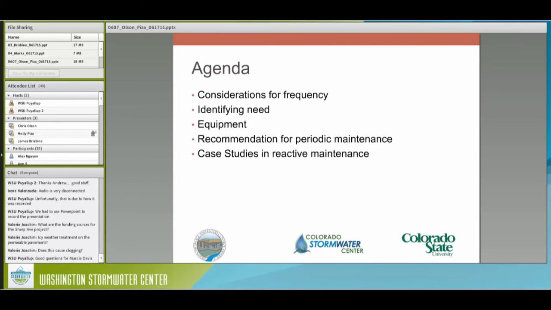And then I'll provide a recommendation for periodic maintenance with some considerations. And Chris is going to go through some case studies in reactive maintenance. So we'll talk about wanting to maintain permeable pavement at a more periodic schedule, hopefully avoiding some of the reactive maintenance that Chris and I have both had experiences with here in Colorado.